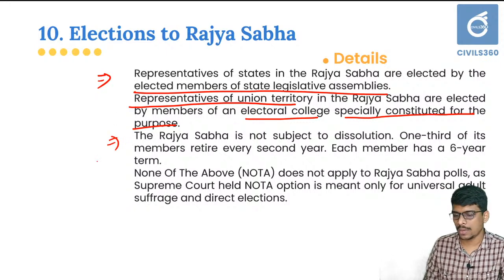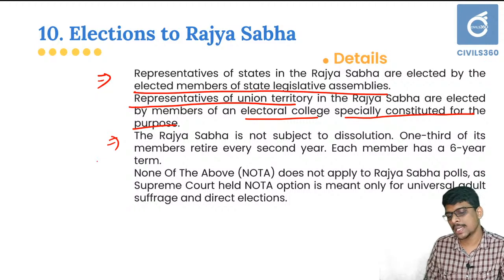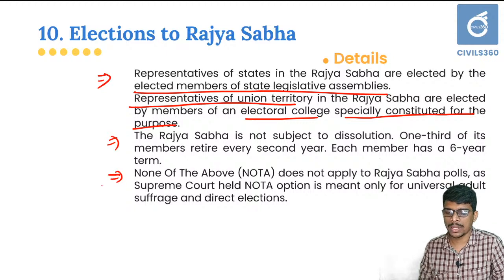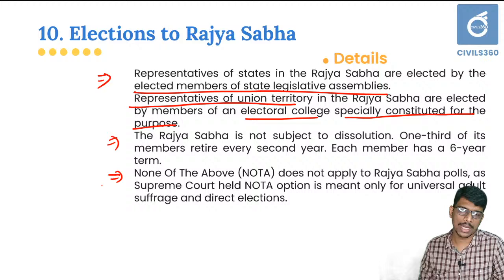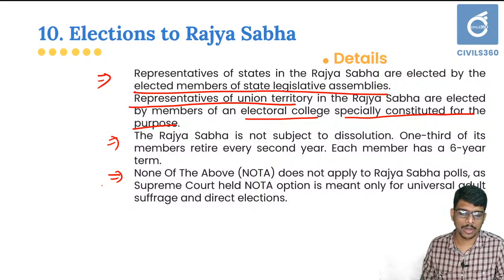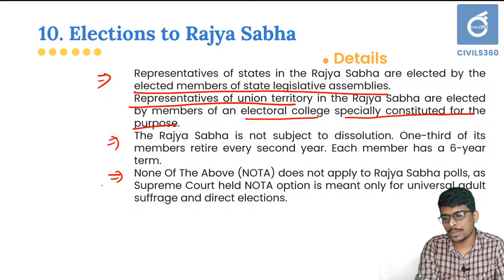It will be there every time, and one-third of its members retire every second year. Each member has a 6-year term. Another important fact is that NOTA does not apply to Rajya Sabha polls, as the Supreme Court held that the NOTA option is meant only for universal adult suffrage and direct elections. These are related to elections to Rajya Sabha.